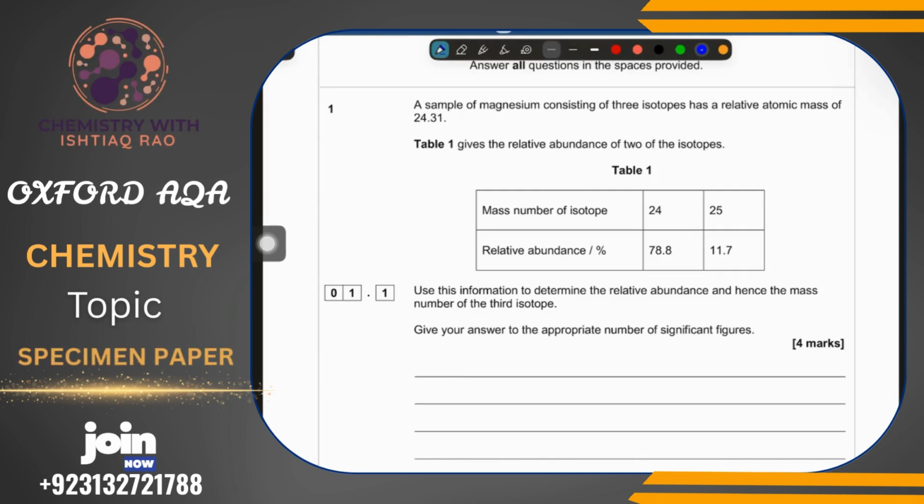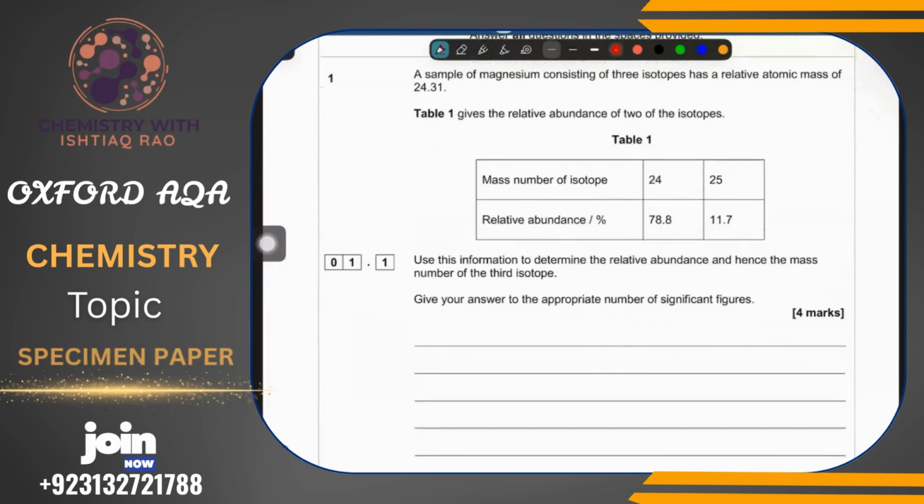So they are saying that a sample consisting of three isotopes has a relative atomic mass of 24.31. So they have given you the relative abundances of the two isotopes. Then we have to identify the abundance of the third one.